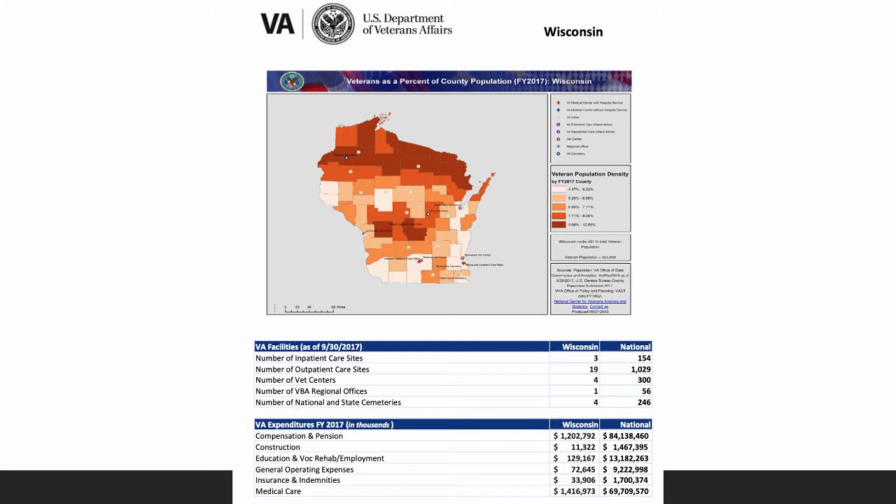And the VA, fortunately, has very, very meticulous reports that document access to facilities and budgetary expenditures for every single state. So here's just the report on the state of Wisconsin, for example.